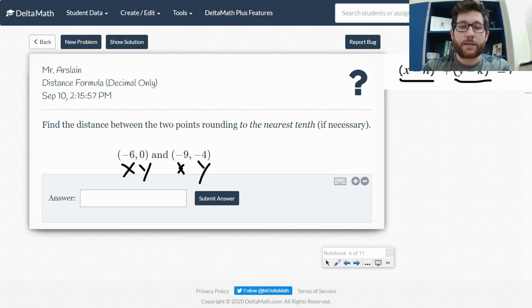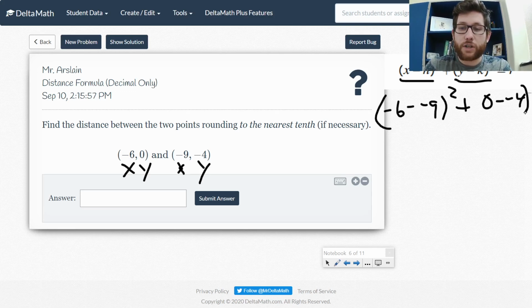So just like this, -6 minus, now notice the minus is already there, and we got a second minus here, minus 9, squared, plus 0, this is my first y value, minus is already there, -4.